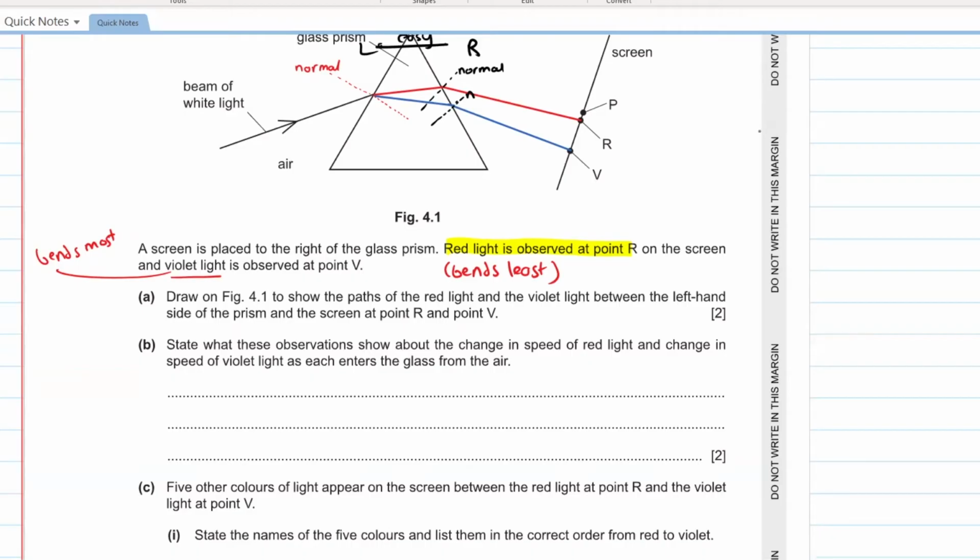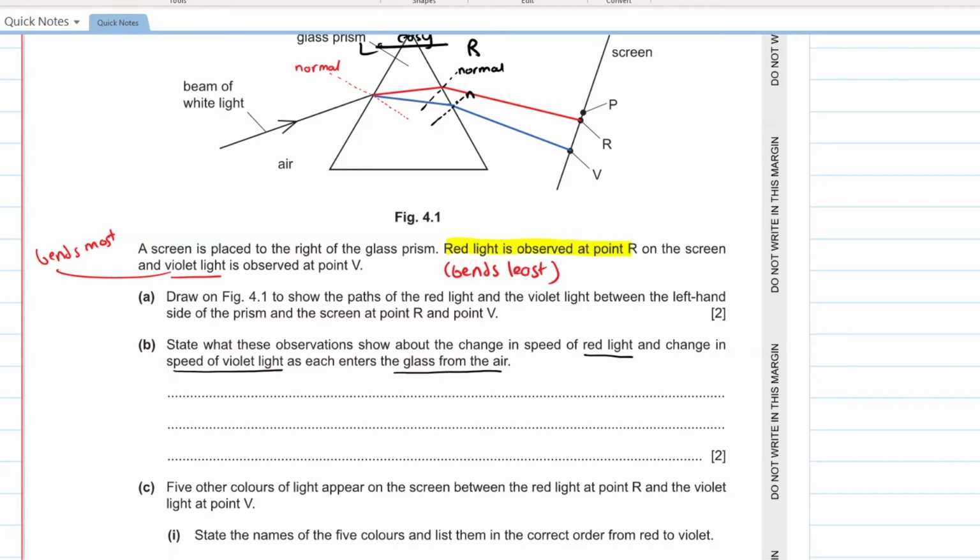What is our part B? State what these observations show about the change in speed of red light and the change in speed of violet light as each enters the glass from air. So you are entering glass from air.